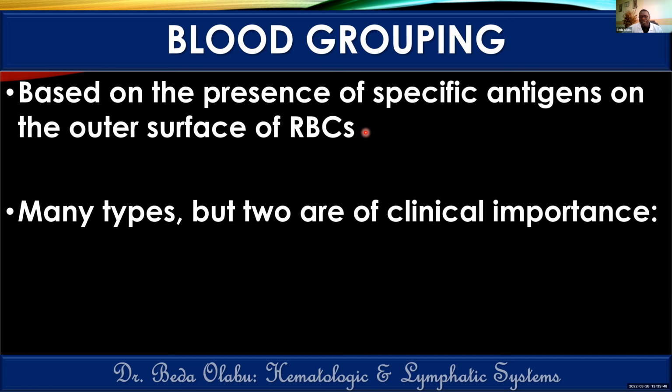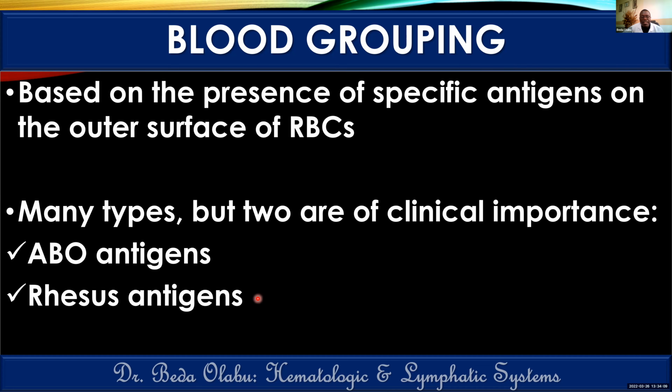Those antigens could be of many varieties, but two of the types are the ones which are of clinical importance. There are those that we call the ABO antigens, and there are those that we call the rhesus antigens. So these are the ones I want us to discuss, the ABO antigens and the rhesus antigens.